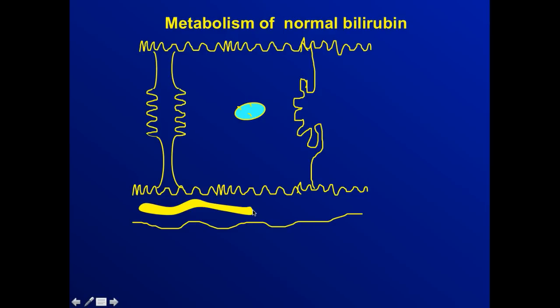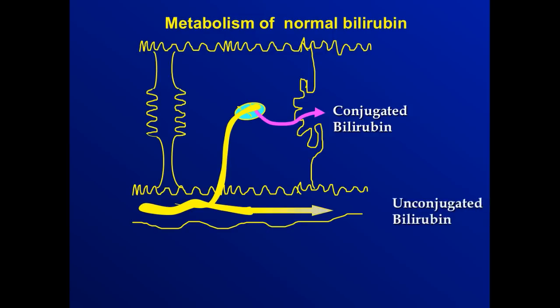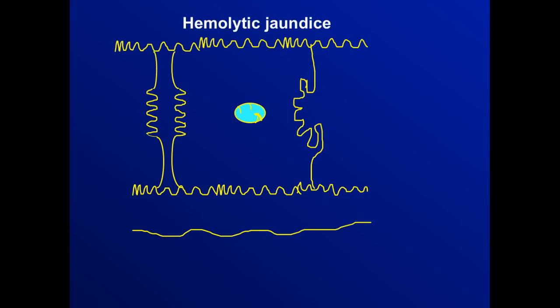The unconjugated bilirubin is taken in by the ligandin and goes to the endoplasmic reticulum, where conjugation occurs. The conjugated bilirubin goes to the bile canaliculi, is excreted into the intestine, and finally into your feces. That's normal.